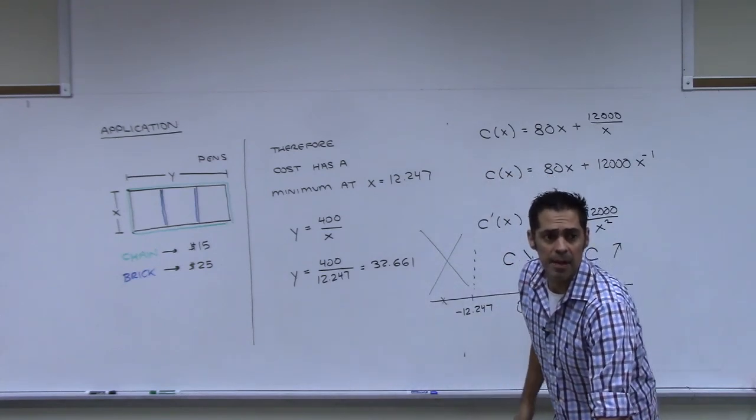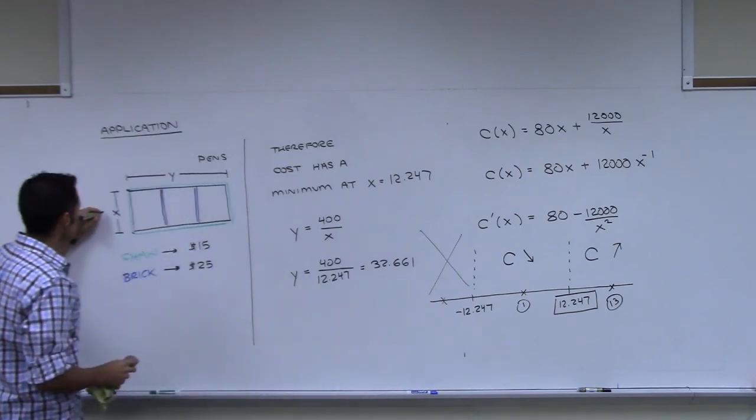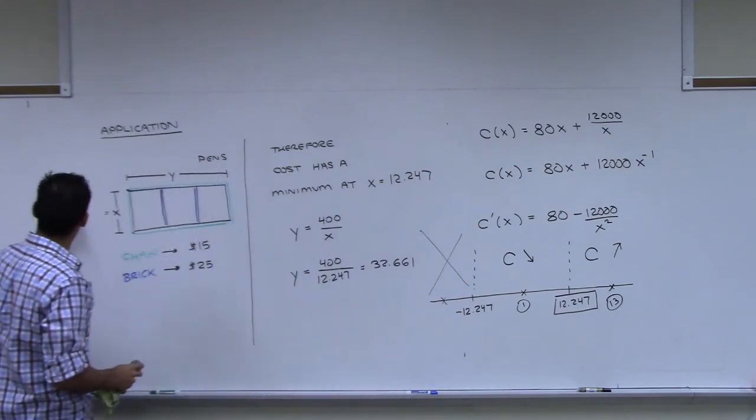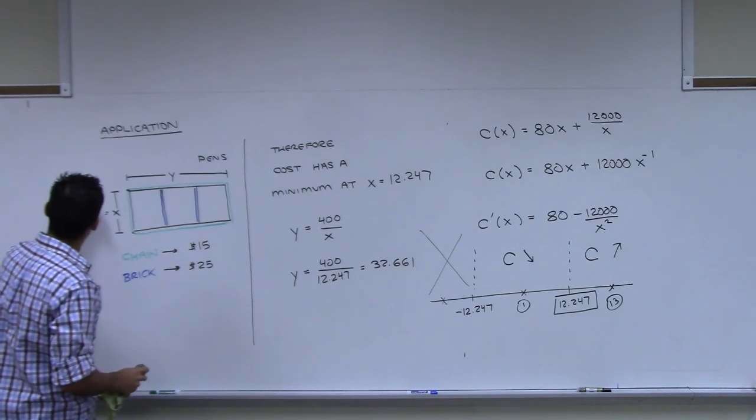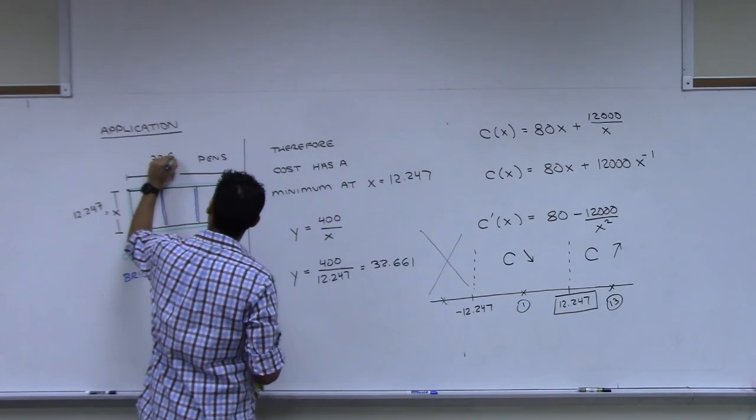And now I have the dimensions of the pen. The dimensions should be 12.247, and this dimension up here should be 32.661.